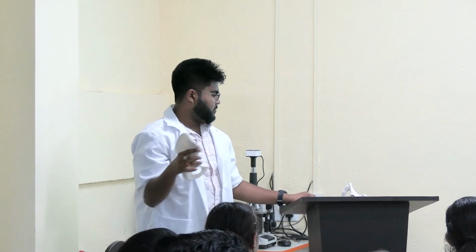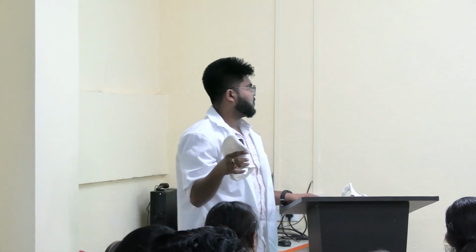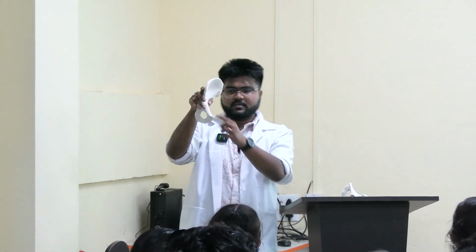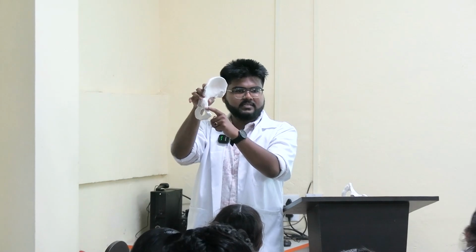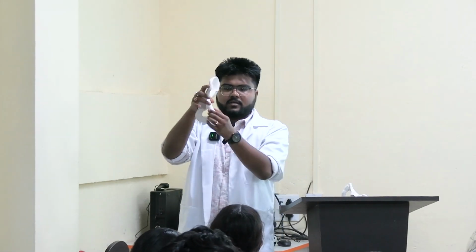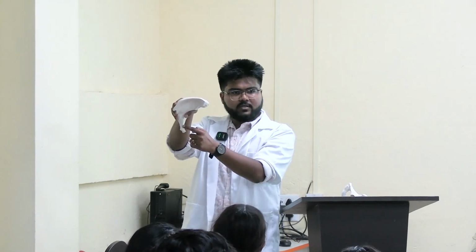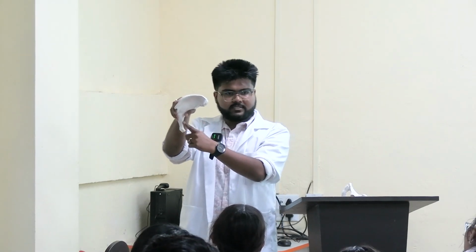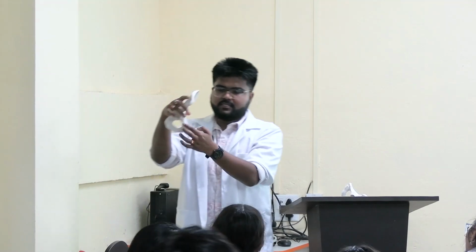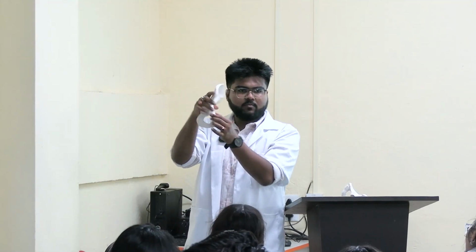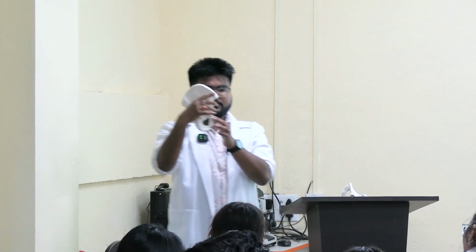Okay, now 3 surfaces are present. One is called pectineal surface. This surface is called pectineal surface or posterior surface. This surface is located between the anterior border and posterior border. So this is the posterior border, a sharp border present here. This is called posterior border and this is the anterior border. In between, the posterior surface or pectineal surface is present.